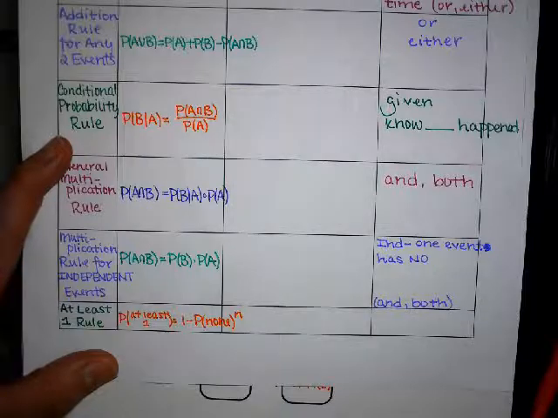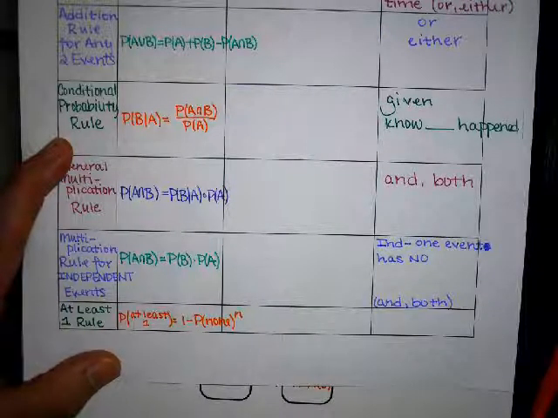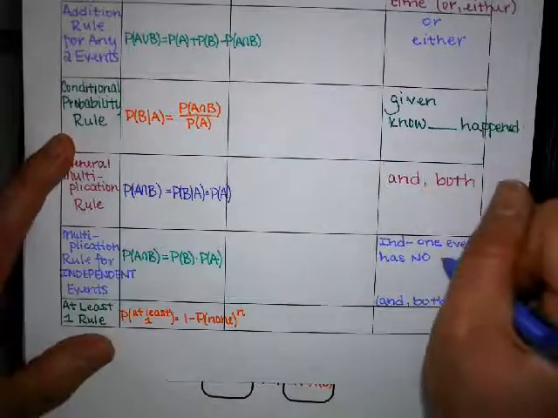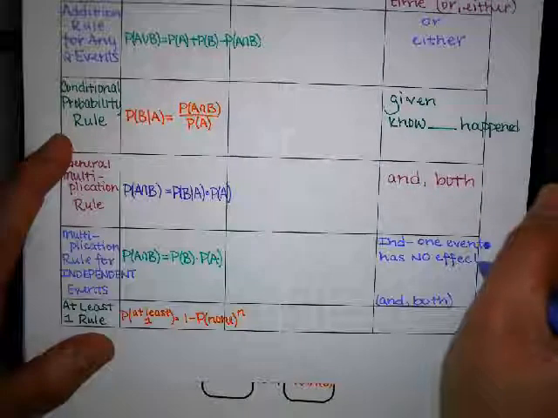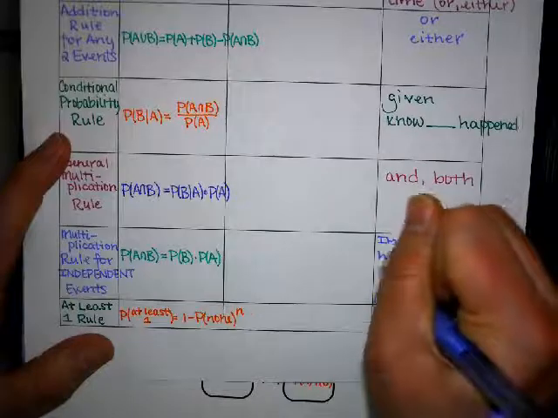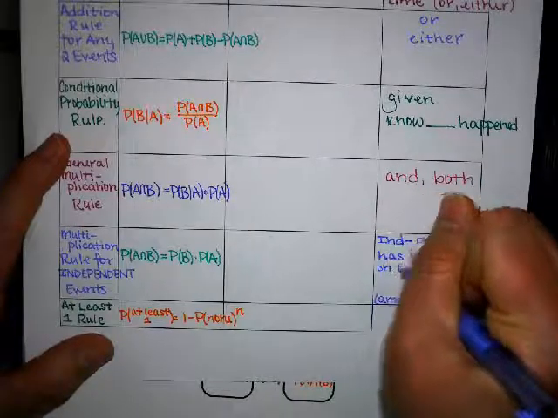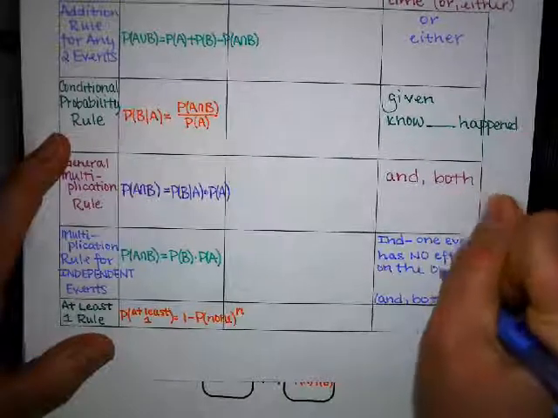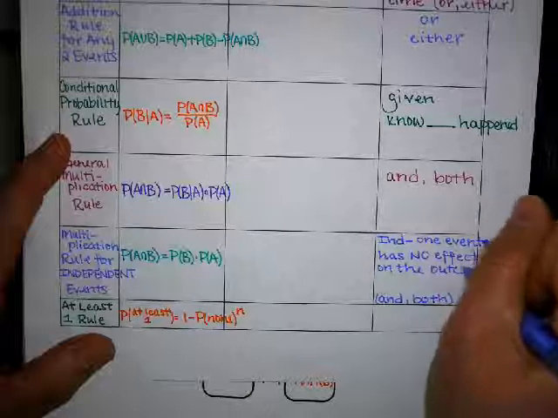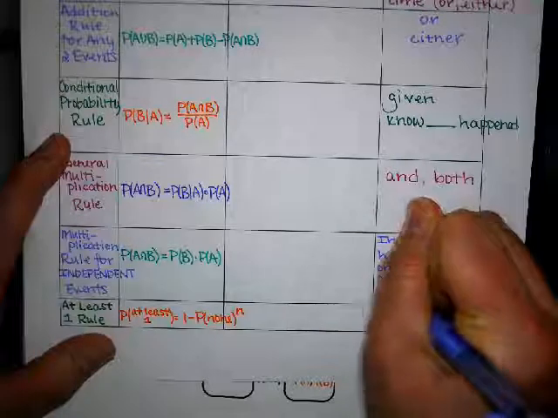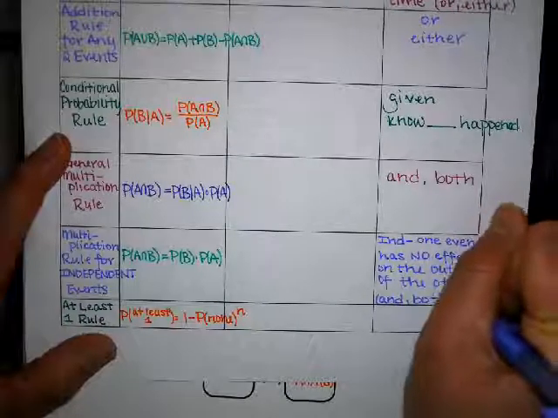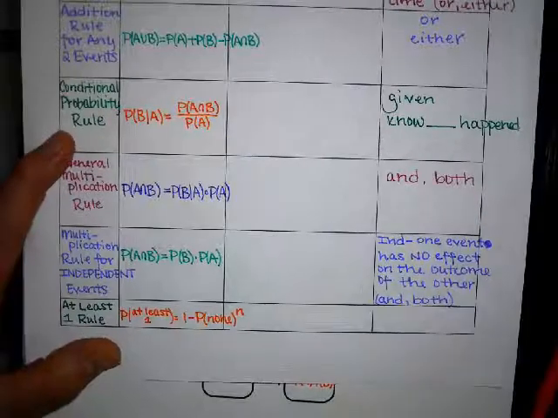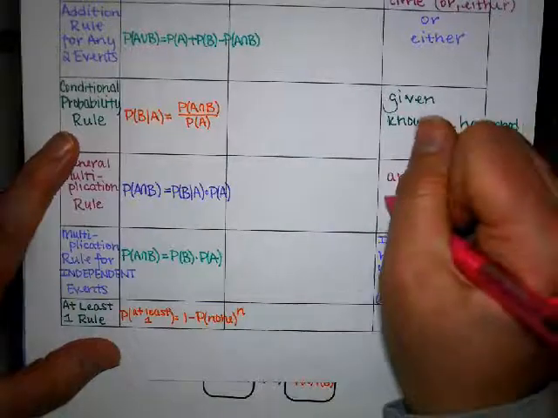We'll go with E because that seems to be the more common one. So I guess up here we could also add that one event affects the outcome of the other, and so we need to use this rule.